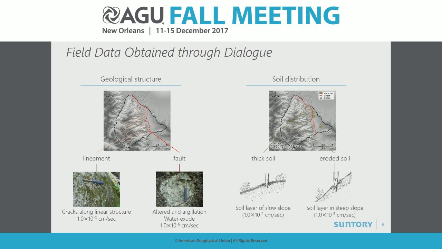From the field survey, the lineaments showed very high permeability, so we set the permeability like this, and the fault has less permeability for groundwater flow. On the right-hand side, I show the soil distribution. This area is mountainside, so there are many types of soil layers, thick and thin, with high and low permeabilities.